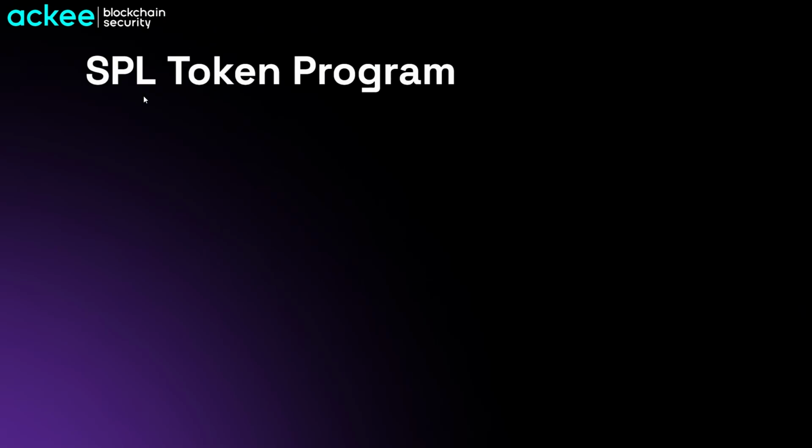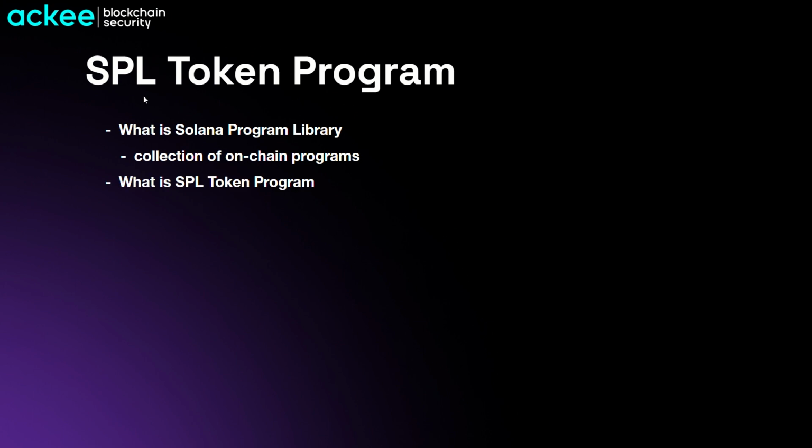In order to understand Token 2022, we should first go through a reminder of what SPL actually is. The SPL is the Solana Program Library, and it's nothing more than a collection of on-chain programs. We can say it is a standard because it is kind of native.